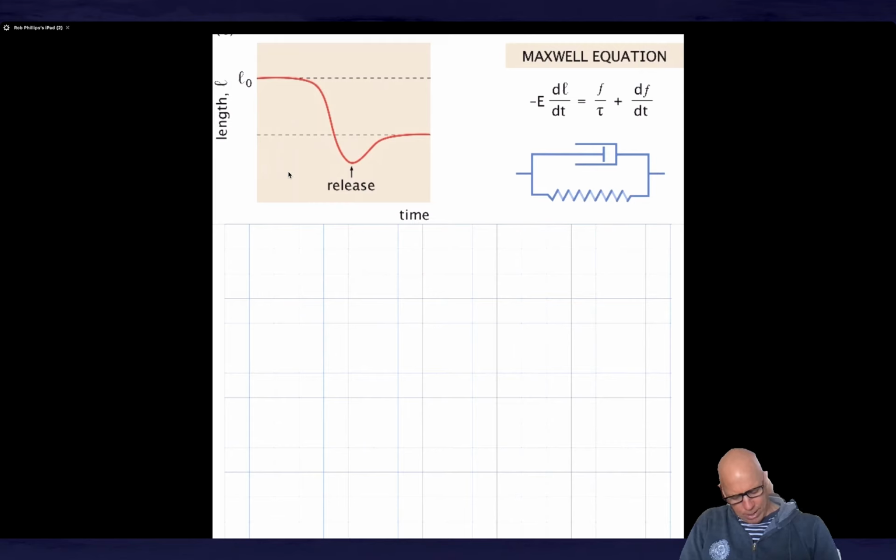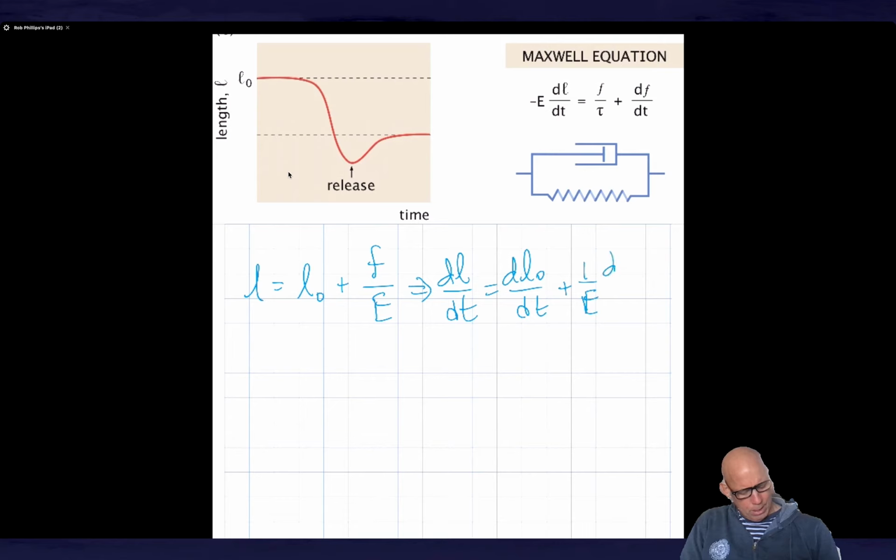So I have that L is equal to L0 plus F over E. This implies that dL by dt is equal to dL0 by dt plus 1 over E dF by dt. All I did was differentiate the elastic law.